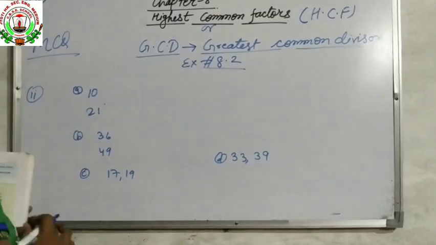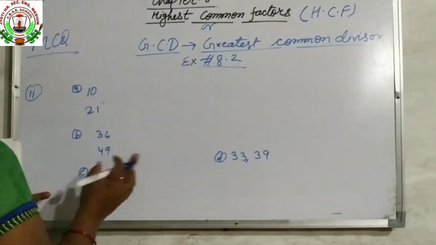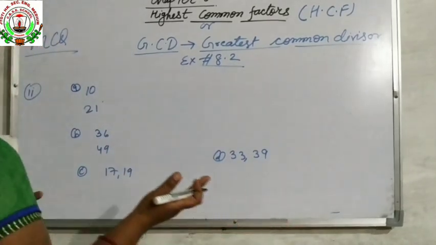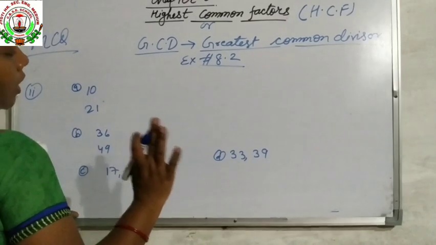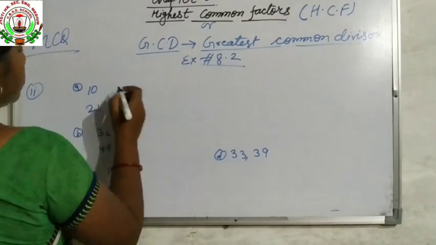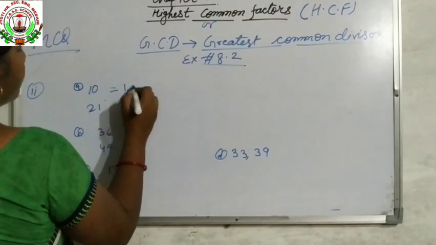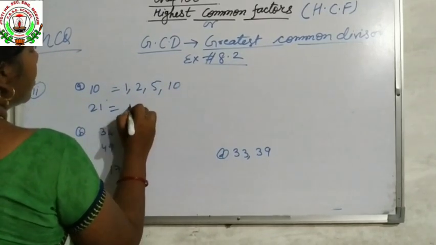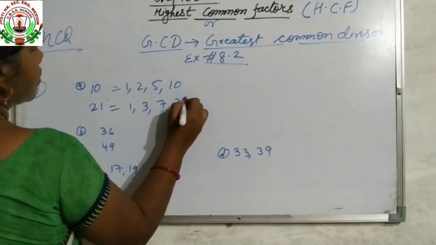Not have co-prime numbers. That means they have more than one common factor. Understood? So if we write the factors of 10: 1, 2, 5 and 10; 21: 1, 3, 7 and 21.